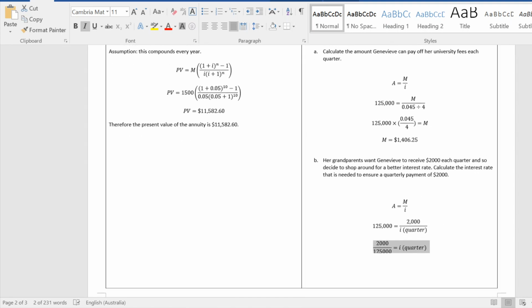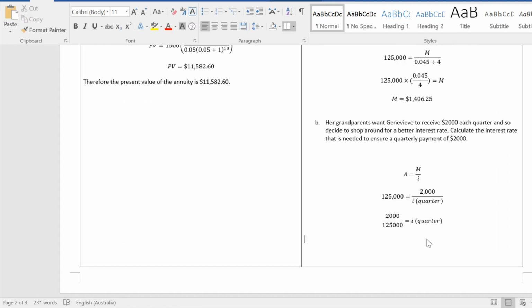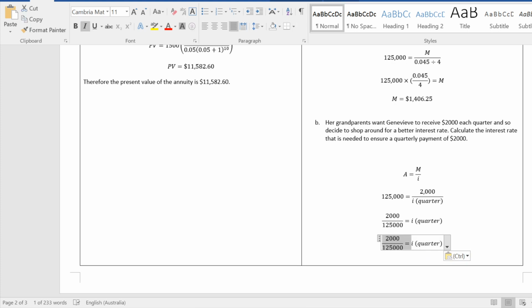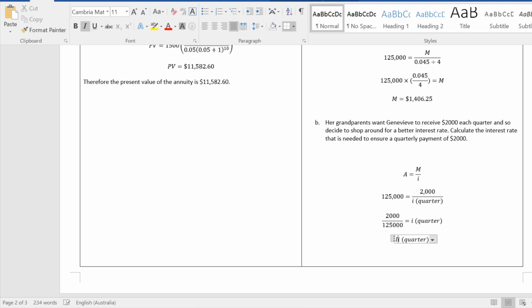So copying and pasting this down. Make I quarter the subject, and now just putting that in. I ended up with a rate of 0.016.